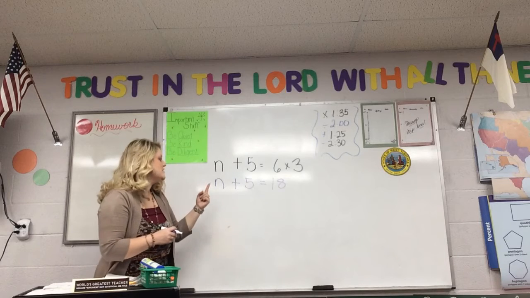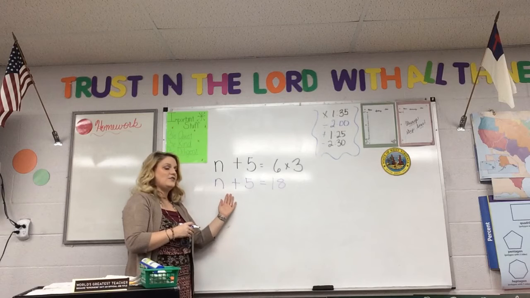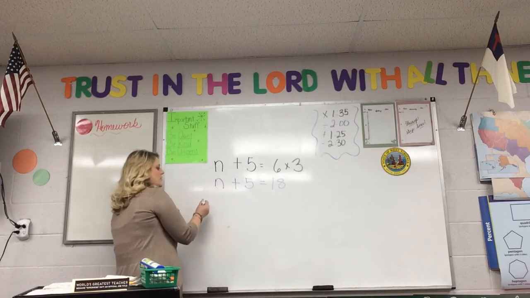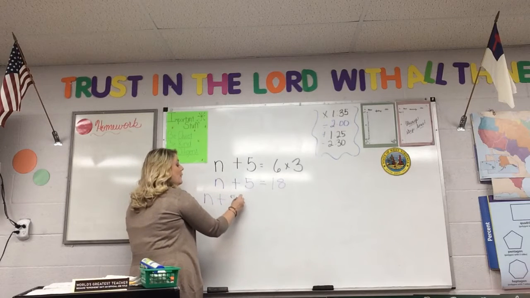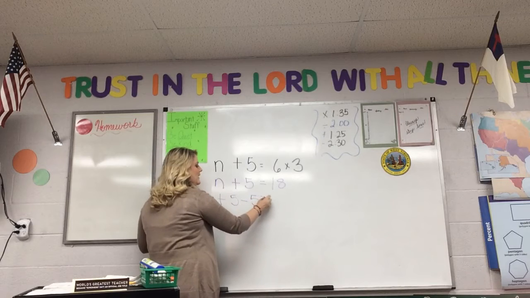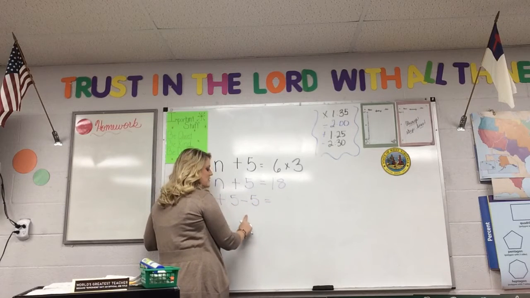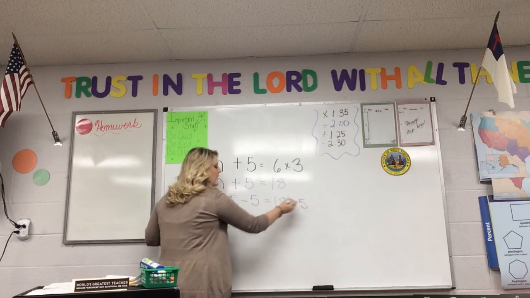So I want to subtract 5 from here, but anything I do on this side, I have to do on this side. So I'm going to write n plus 5 minus 5 equals 18 minus 5.